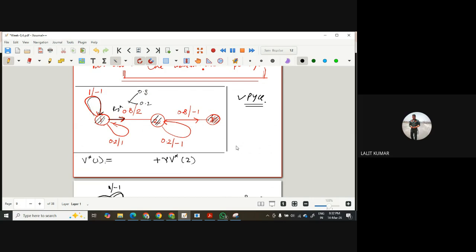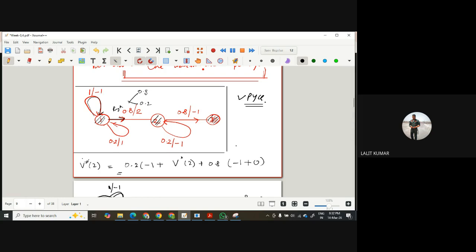So if we say, for example, V star of 2, we calculate first. V star of 2 is very straightforward. V star of 2 is equal to 0.2 into minus 1 plus V star of 2, plus 0.8 into minus 1 plus 0.